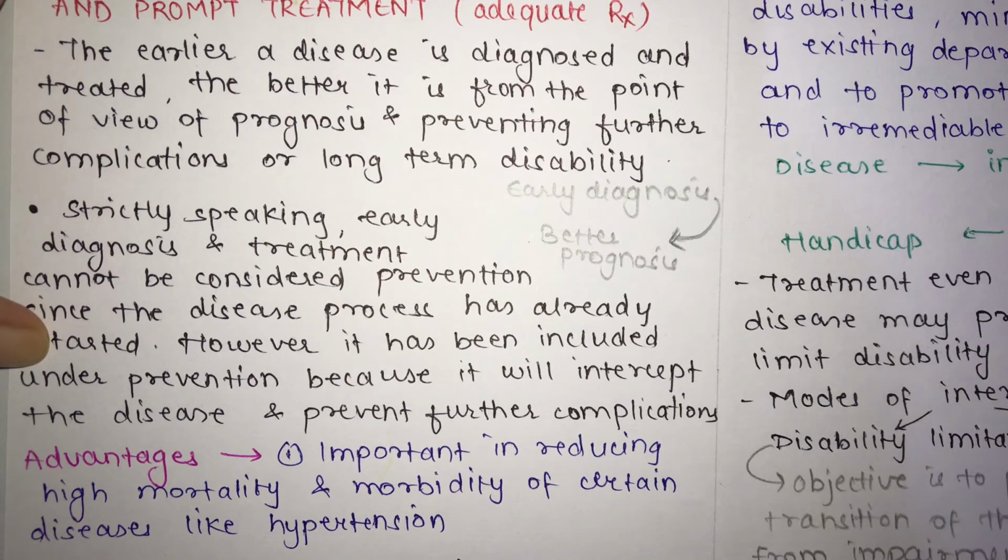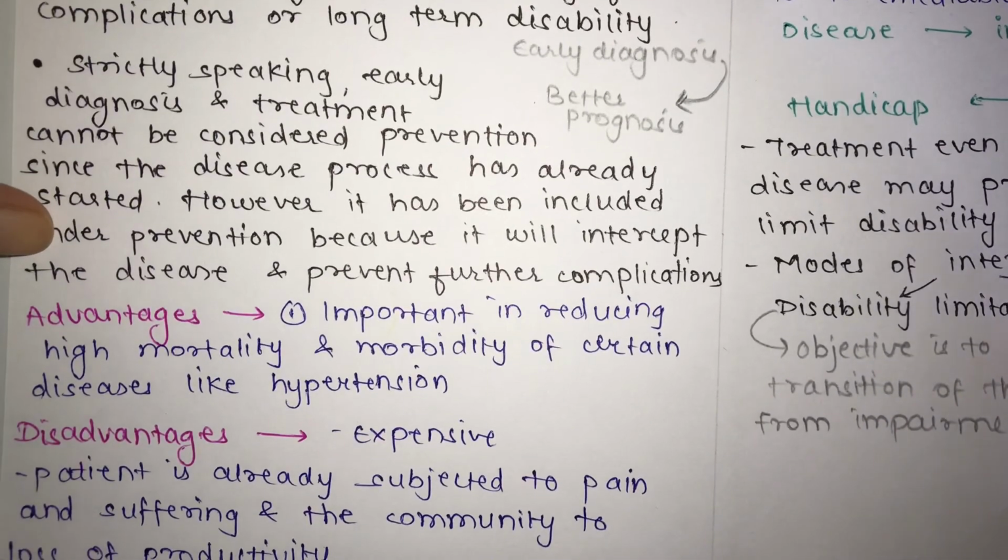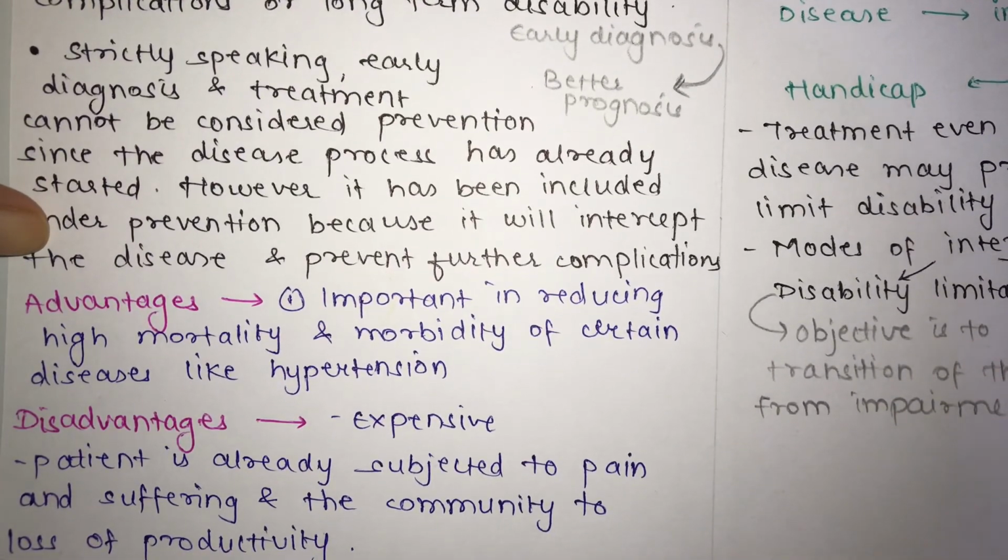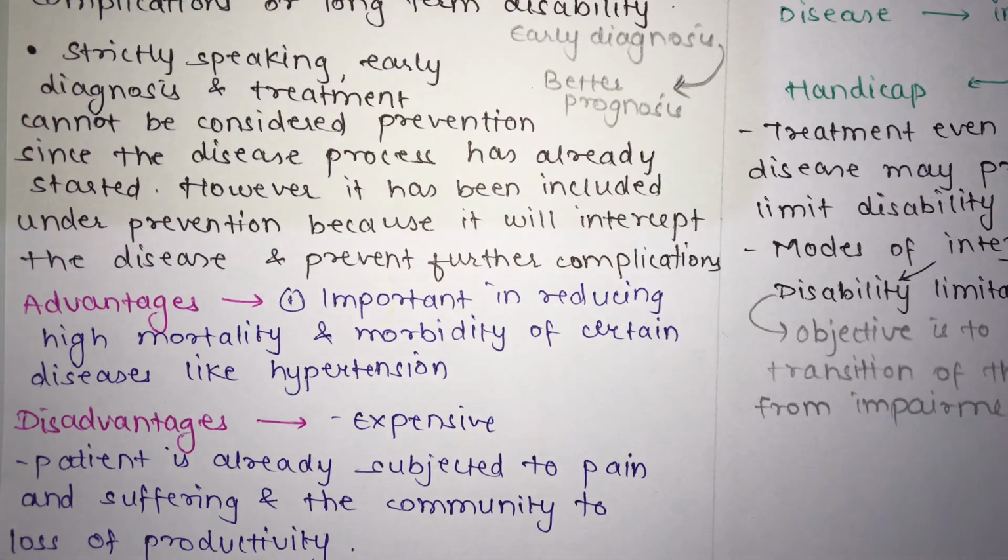So it reduces the high mortality and morbidity rate. The disadvantage is that it is expensive, as the disease has started, so obviously there are more charges. The patient is already subjected to pain and suffering, and the community to loss of productivity. The disease has already occurred, so the patient is subjected to pain and suffering.